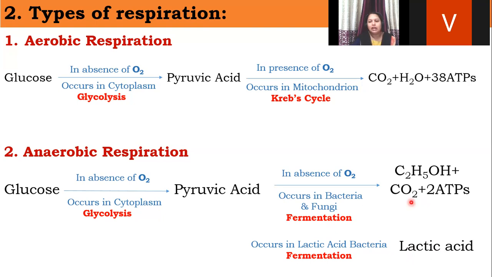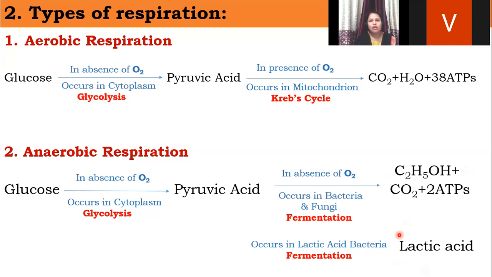Now you can see that in the previous case, when pyruvic acid was getting converted into ethanol and carbon dioxide, there was generation of carbon dioxide, but in muscle cells there is no formation of carbon dioxide. So this particular process is decarboxylation, but the formation of lactic acid is not a decarboxylation process, as carbon dioxide is not released in this case.